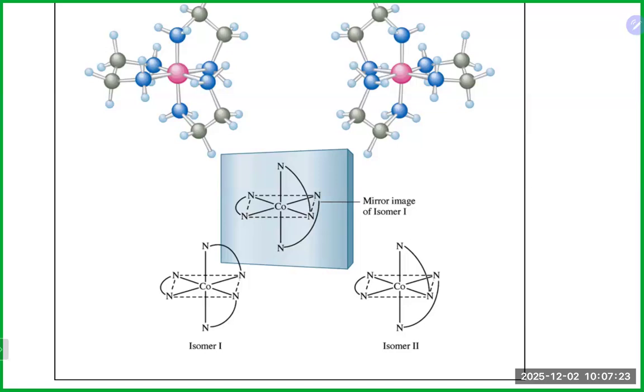But what's happening here is this is our original molecule, and as it reflects in this mirror, this bond right here, where these two nitrogens are attached to each other, is right in front.